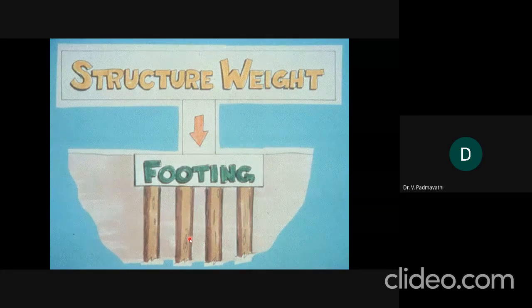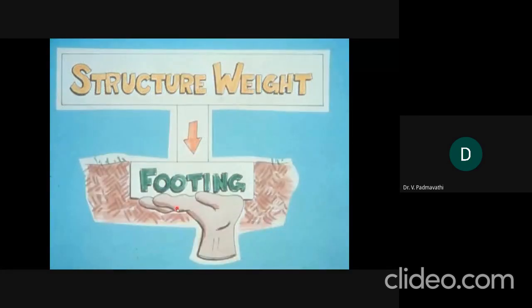Based on some theories. Okay, so finally what we are going to study is, if we have a superstructure, the superstructure loads will be carried over to the footing through columns. That load is distributed over the entire area of the footing. Once we have the stress at the bottom of the footing, that stress must be transferred to the subsoil.